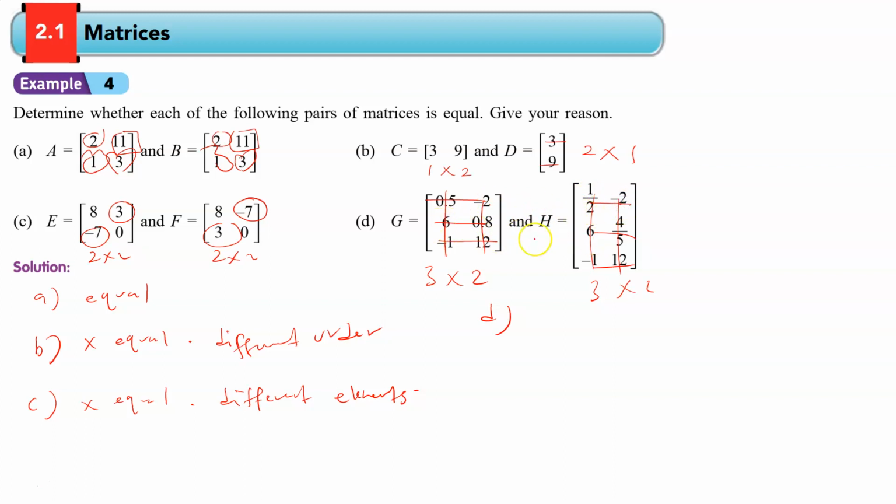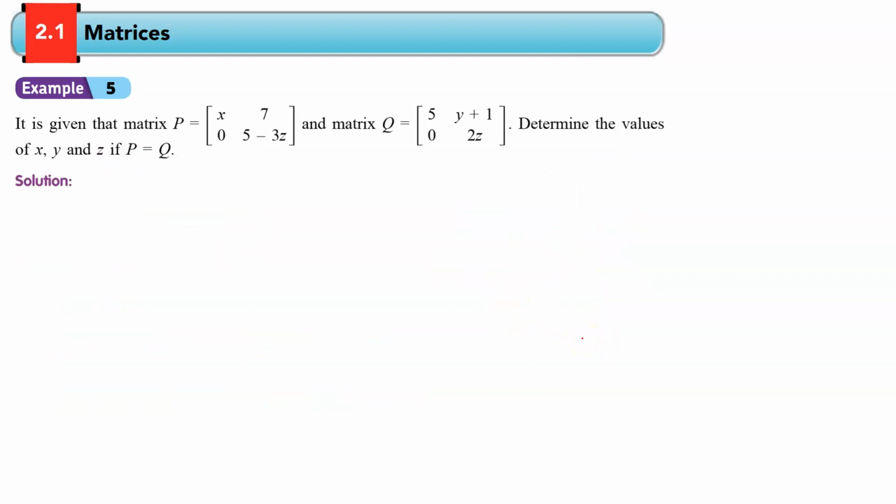Sama. 6, 6, 0.8 dapat tak 4/5? 4/5. Sama. So, dalam kes ni, cuma cara menulis saja berbeza. Means, matrix ni sama. Awak jangan tengok 0.8, ini bukan 0.8. Dia not equal. Tak. Make sure value dia mesti sama.